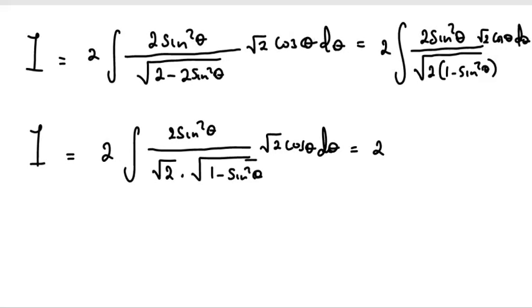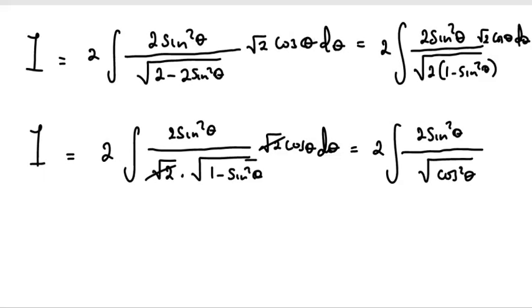So this is equal to twice the integral of 2 sine squared of theta, divided by the square root of cosine squared of theta. Don't forget this root 2 gets cancelled with this root 2. Here we have cosine of theta d theta.